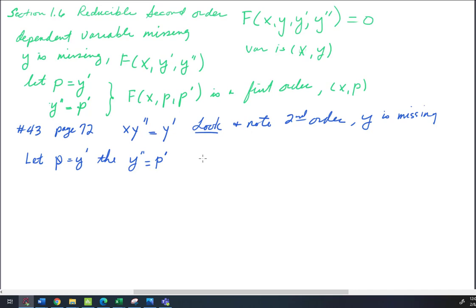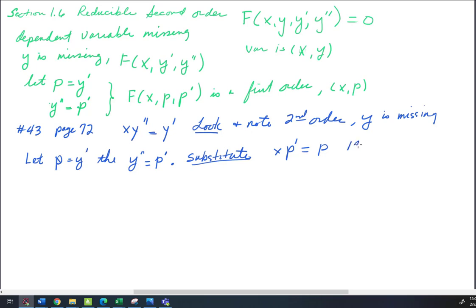And let's see, here's our differential equation. So now let's substitute. And when we substitute into our differential equation, we get x y double prime, which is p prime, equals y prime, which is p.